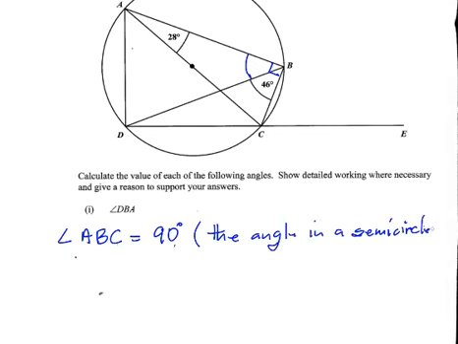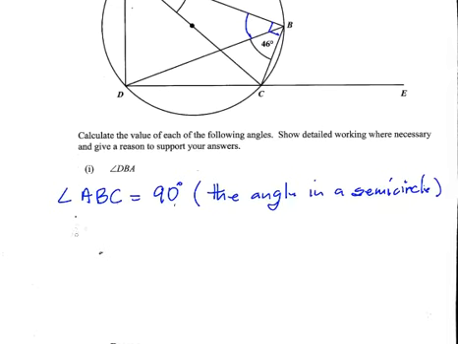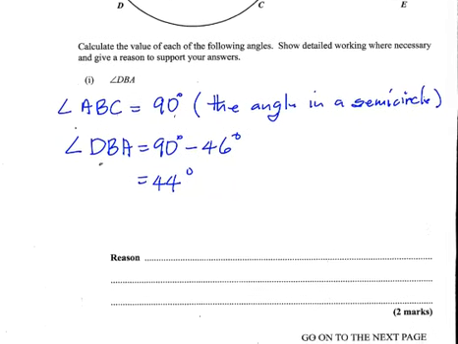So the angle in a semicircle measures 90 degrees. So that entire angle is 90 degrees. So if that angle is 90 degrees, it means that angle DBA would be equal to 90 degrees minus 46 degrees. So that angle here is equal to 44 degrees.